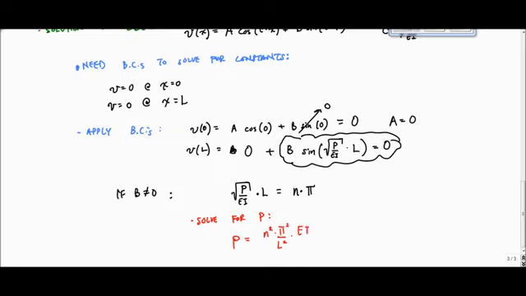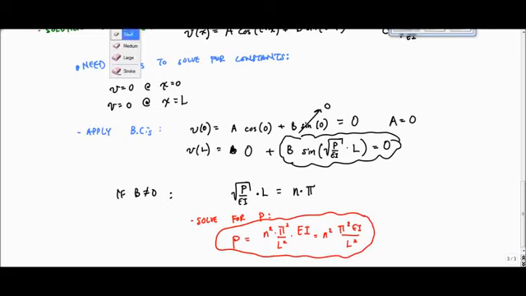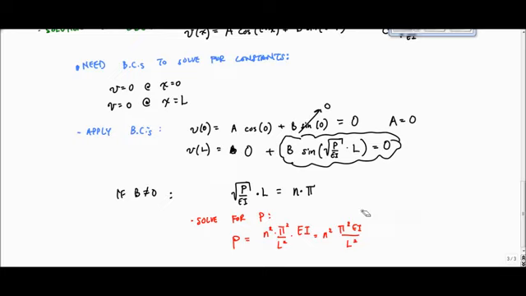Does that look okay? So this is pi squared EI over L squared, n squared. I bubbled this prematurely. Let me unbubble that, because this one is not that important.